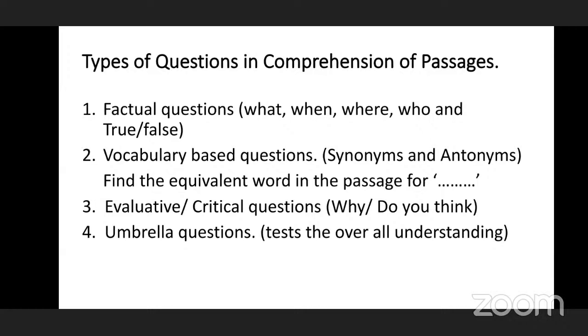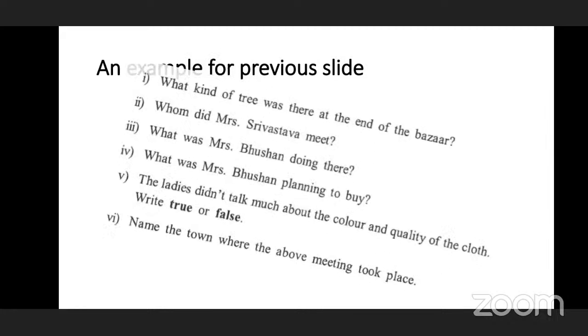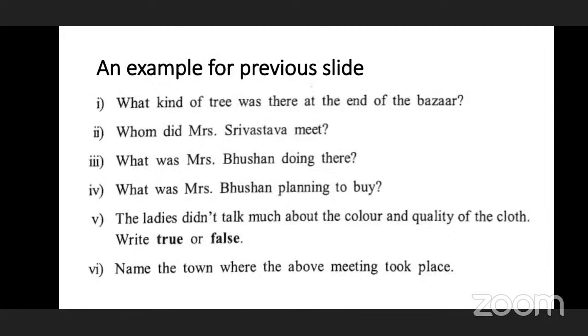Now we will move on to the next slide, an example for the previous slide. We have a list of questions in this slide. Let us understand which question falls under which type. See, what kind of tree was there at the end of the bazaar? These questions are taken from the same lesson. This is a direct question. You can directly find this factual information in the paragraph or in the text. Shady tamarind tree could be the answer.